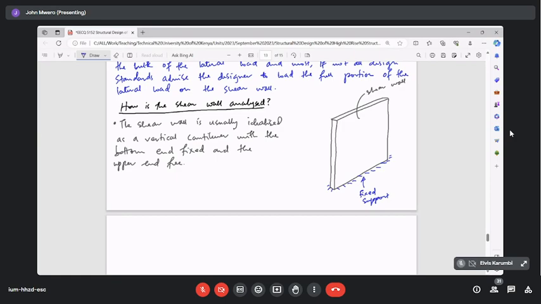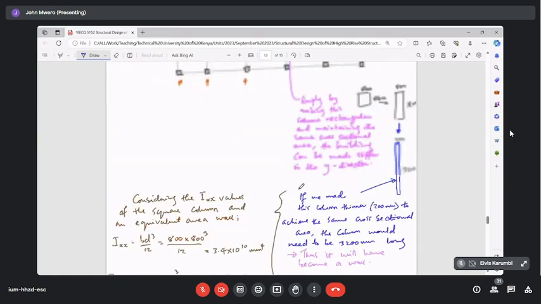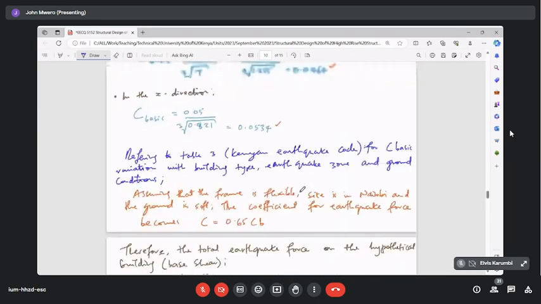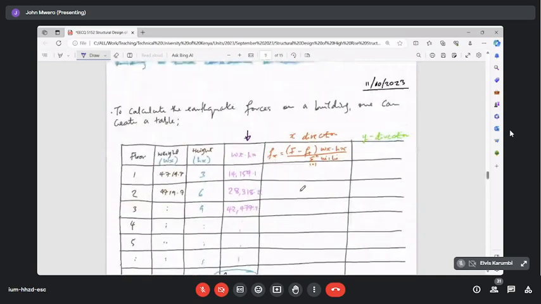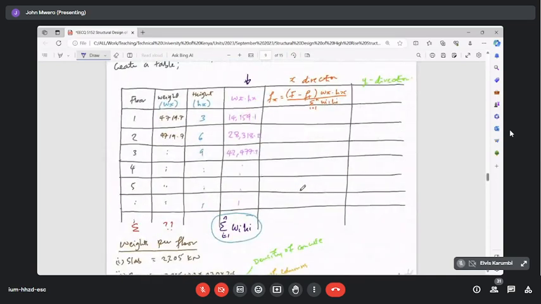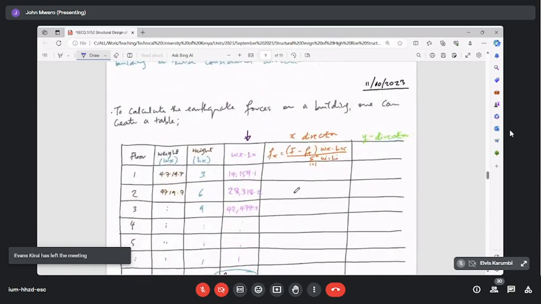And then, if I may take you back to these forces that we calculated here. If you remember from the exercise you've been working on, this column gives us the forces per floor, that Fx.